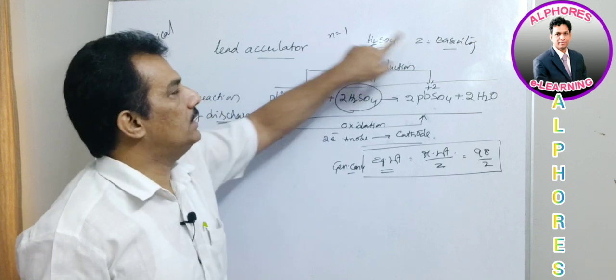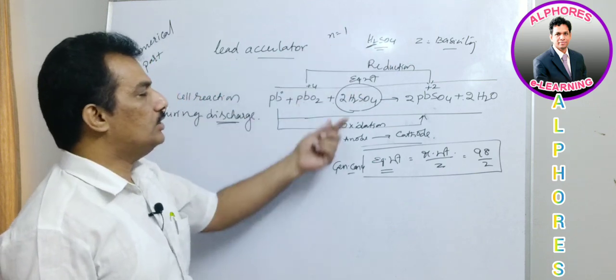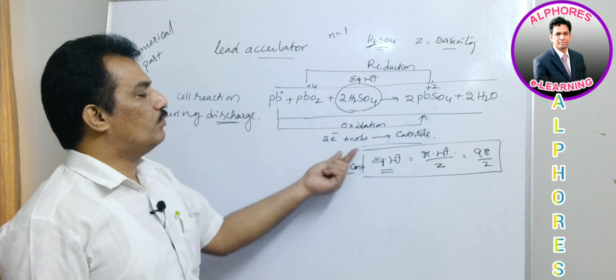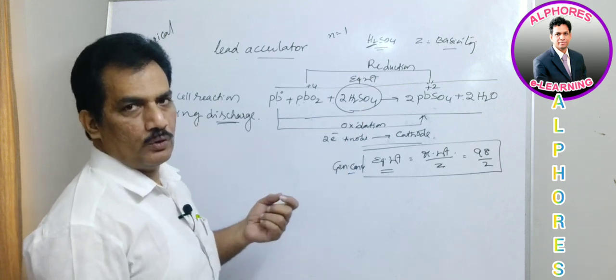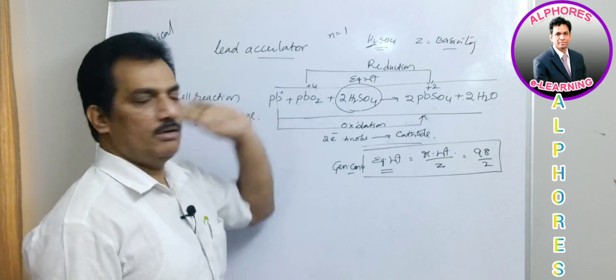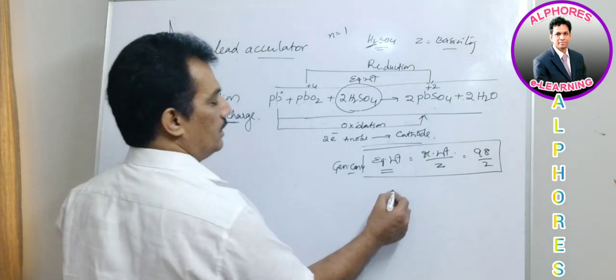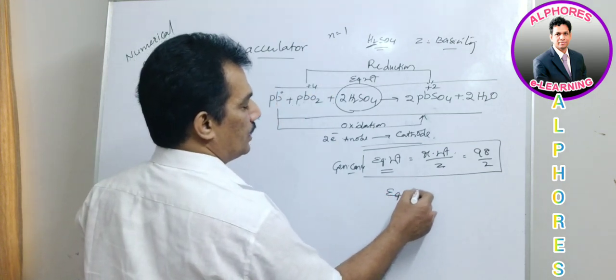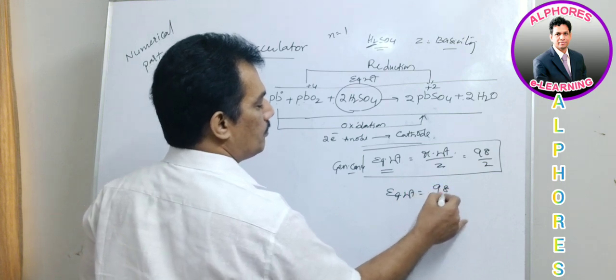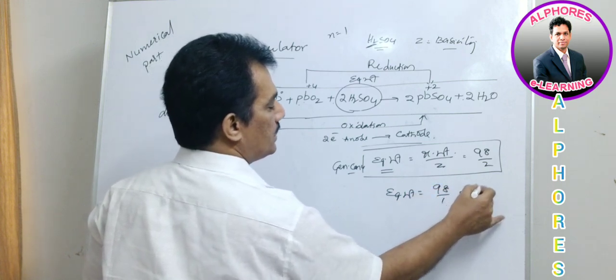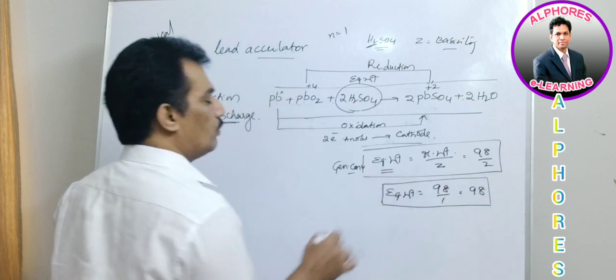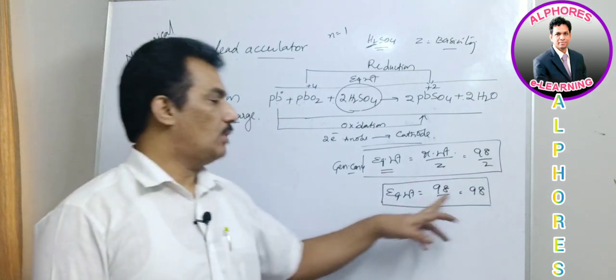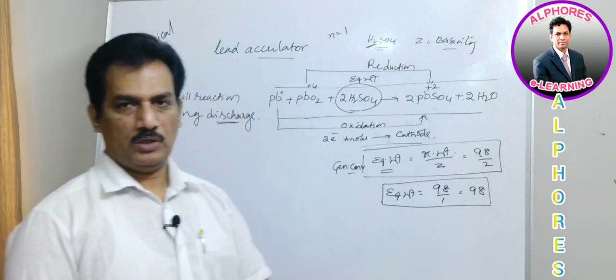Now in this case 2 moles of H2SO4 involve 2 electrons, and thereby 1 mole of H2SO4 requires 1 mole of electrons, hence the n factor is 1. Thereby the equivalent weight is 98 by 1, that is 98, a peculiar case where H2SO4 equivalent weight equals molecular weight. This is one conceptual question.